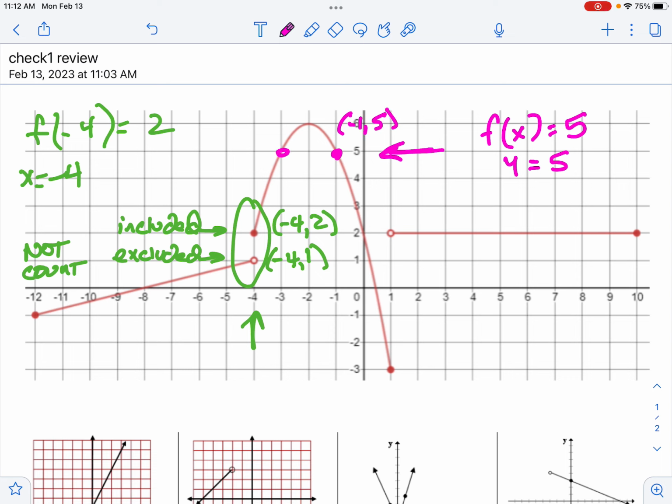And some people gave me just -3. But in this scenario here, it is okay to have multiple x values that lead to one y value. So in this case, we do have 2 answers. In this case, we would have that x is equal to -3 and also -1 for that.